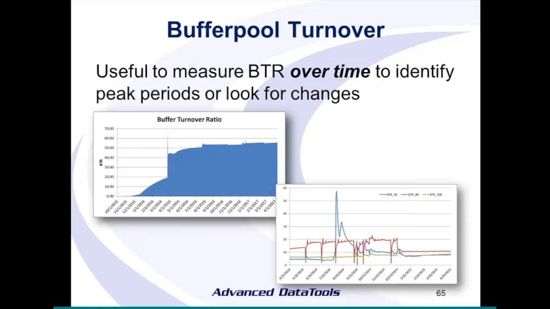In fact, the example on the left here, the graph shows the buffer turnover ratio increasing and then jumping. Before it started increasing, the buffer turnover ratio was below 1. It was great, indicating that the important stuff in the database, the big tables that were being used, it could normally find them in the buffers, in the cache.